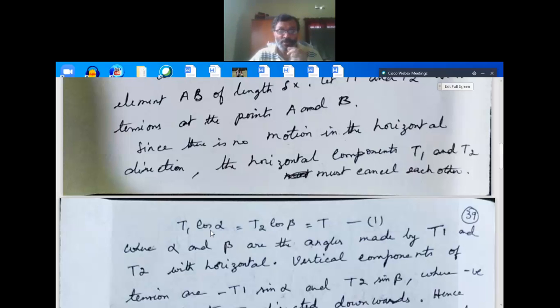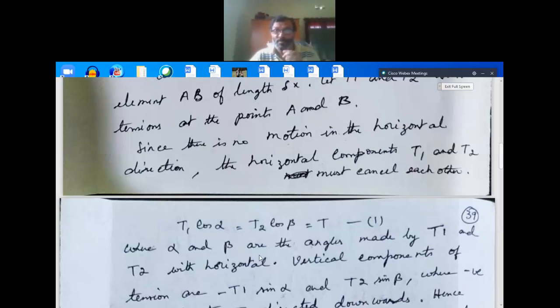We take it as T. Alpha and beta are the angles made by T1 and T2 with the horizontal. This you know.